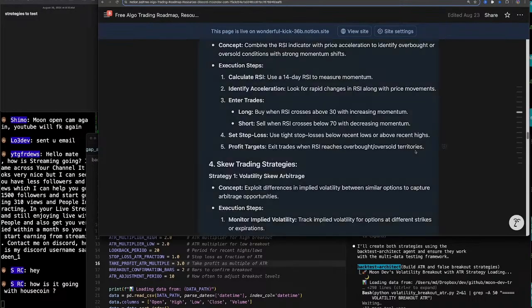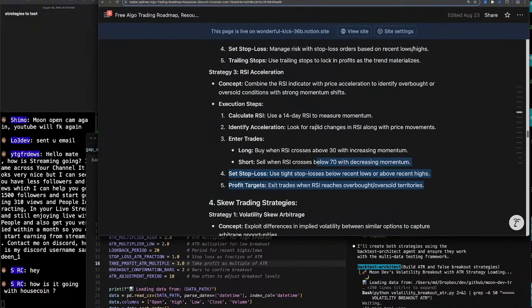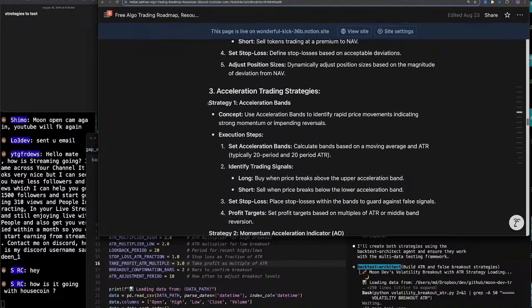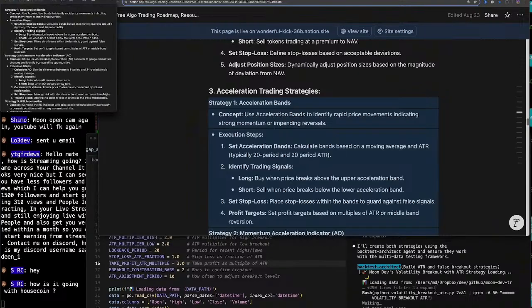Yes, I want to do those three. So I'm going to put those up next. And remember, each backtest is testing like 20, 30 different data sets, which is sick.